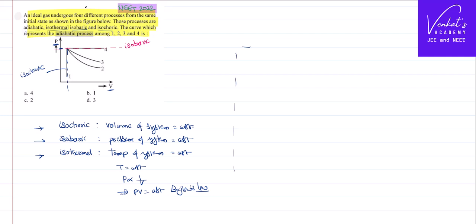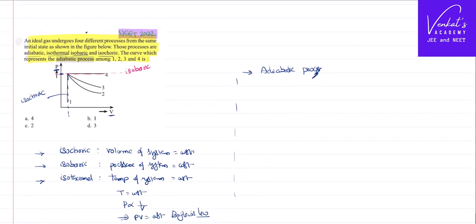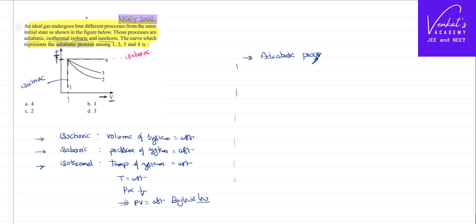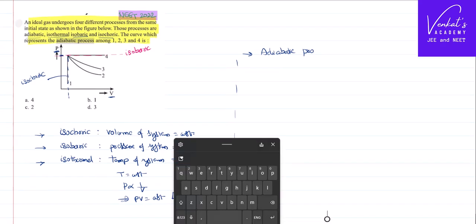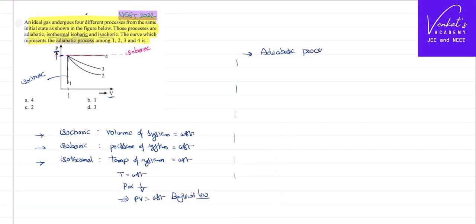Last one we are talking about is adiabatic process. What you mean by adiabatic process is, it is done in such a way that the system is perfectly insulated, such that heat is neither allowed to get into the system nor allowed to go out of the system.